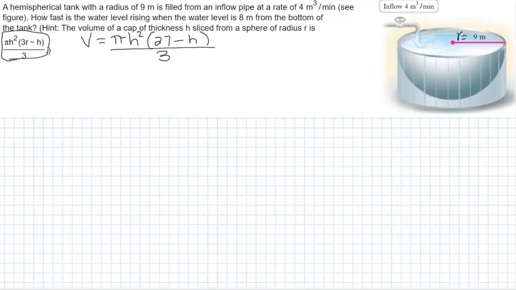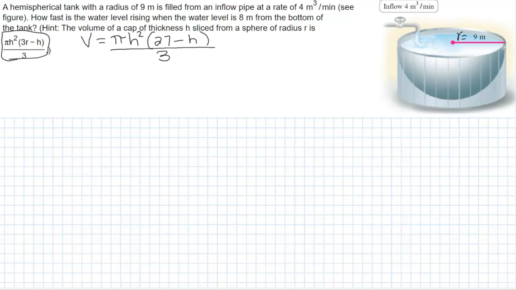Just leave it like that. Now the height, which is the water level, is rising as the volume is increasing. So h and V are variables that change, and the rates at which they are changing relate to one another. Basically, dh/dt and dV/dt are related. Those are the two variables you're working with.